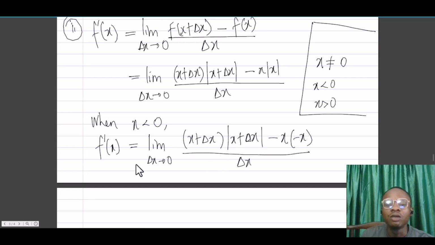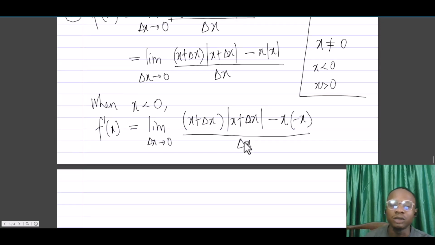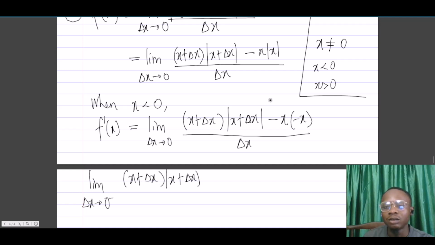So to clear this off, we can also consider what happens when delta x is approaching 0 from above and when delta x is approaching 0 from below. So we can say that the limit as delta x approaches 0 from below of x plus delta x multiplied by the modulus of x plus delta x, minus x squared, so this is minus of x multiplied by minus of x, that will be plus x squared, and this will be divided by delta x.